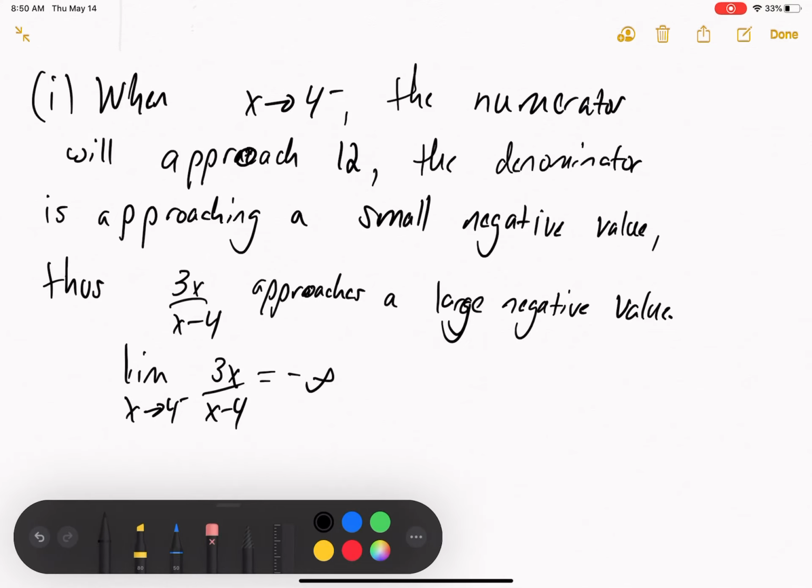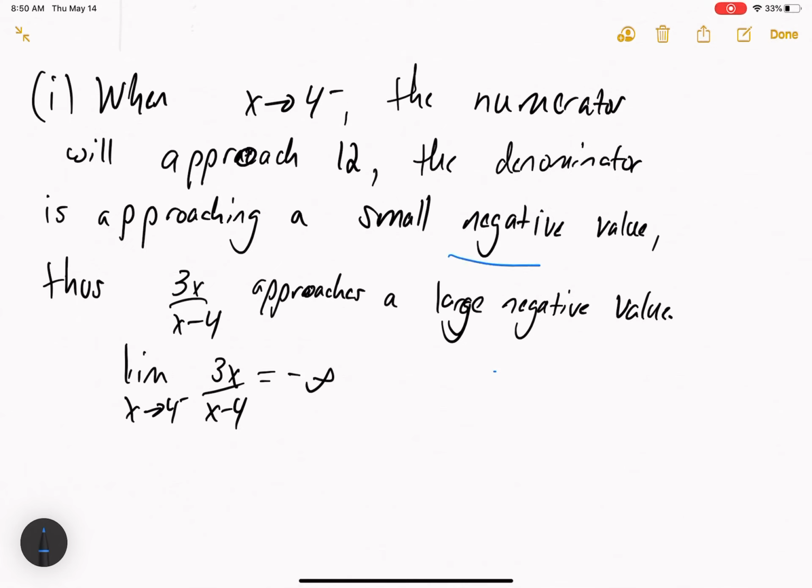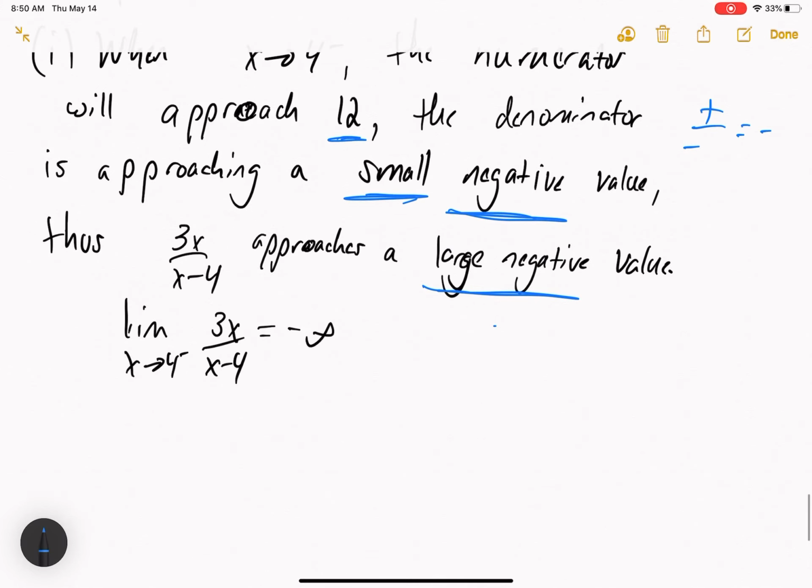The reason for that is because this right here is negative, 12 right here is positive, so we're doing a positive divided by a negative, which is negative, and then we're dividing by a very small number, and as we keep on dividing by smaller and smaller numbers, this number will become larger and larger and more negative. So that's why we have this limit equaling negative infinity.